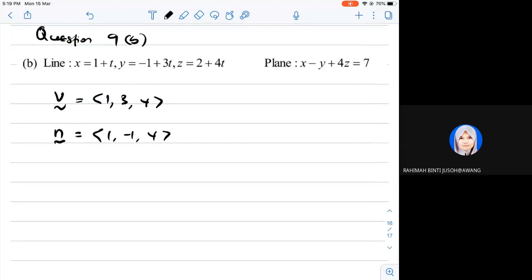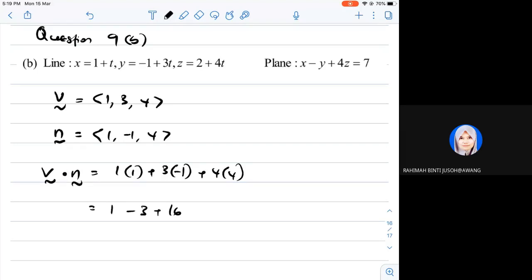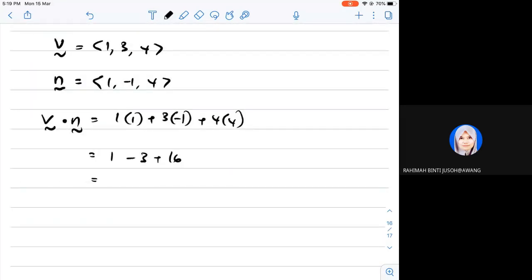Okay, so we need to show that V dot N not equals to 0 sekarang ni. So V dot N, okay, 1 times 1 plus 3 times -1 plus 4 times 4. So 1 minus 3 plus 16 equals to -2 plus 16 should be 14, isn't it?